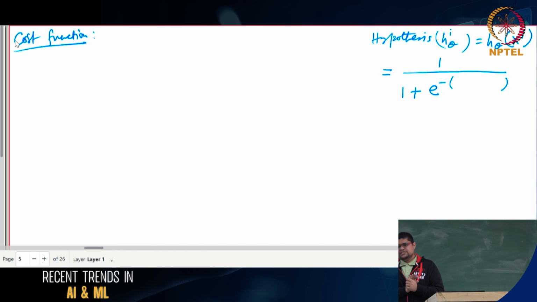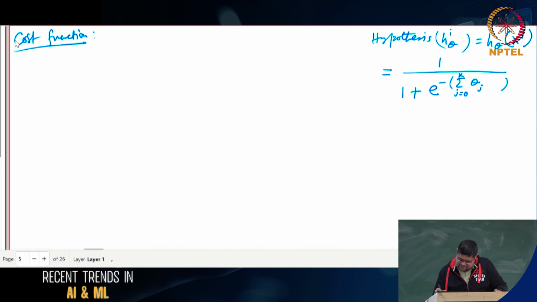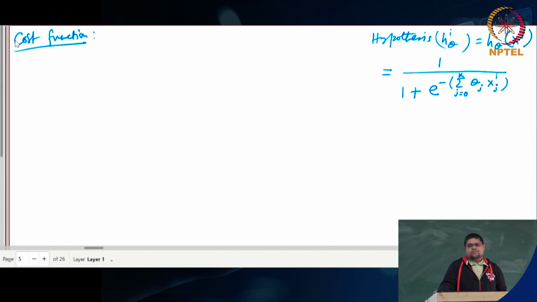So what was our z? Sum over j equal to 0 to k of theta j x j, that you know. Now this i means just the ith sample.